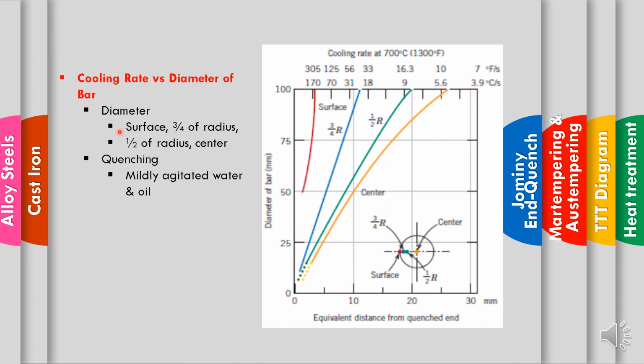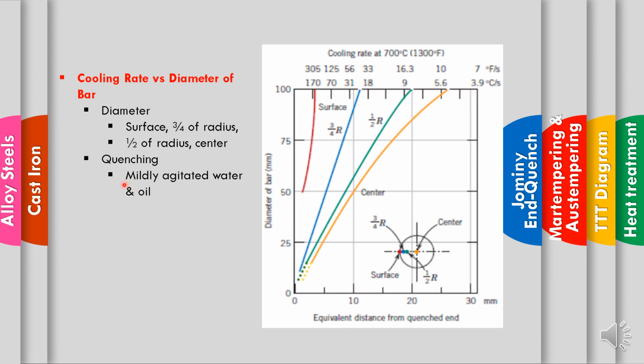So for the diameter, we have the surface, then three-quarter radius, then the center of the radius, and a curve is produced like this, against the distance from the quench end.